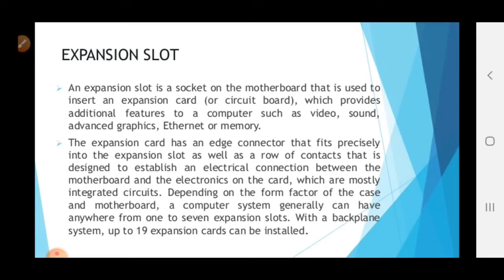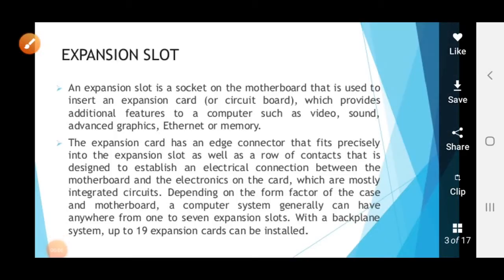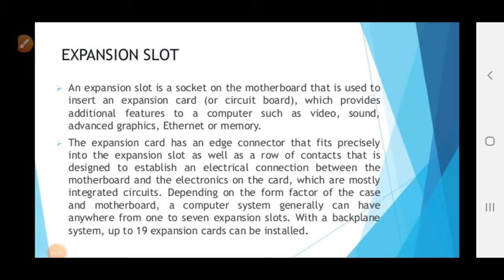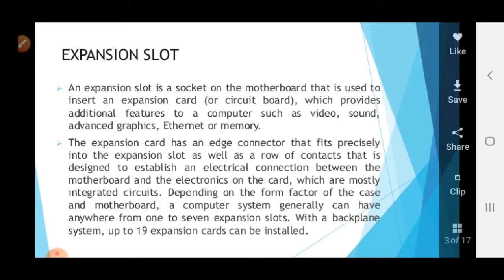So what is an expansion slot? An expansion slot is a socket on the motherboard that is used to insert an expansion card, which provides additional features to a computer such as video, sound, advanced graphics, Ethernet, or memory. The expansion card has an edge connector that fits precisely into the expansion slot, as well as a row of contacts designed to establish an electrical connection between the motherboard and the electronics on the card, which are mostly integrated circuits.